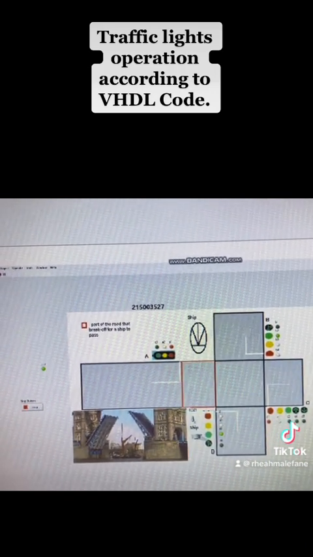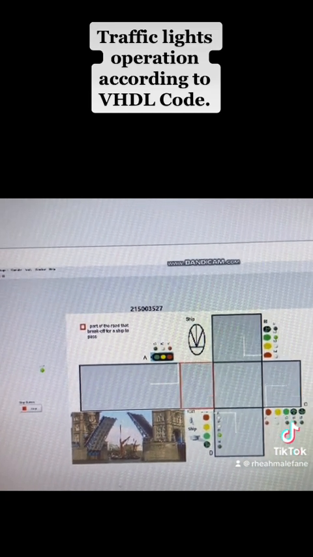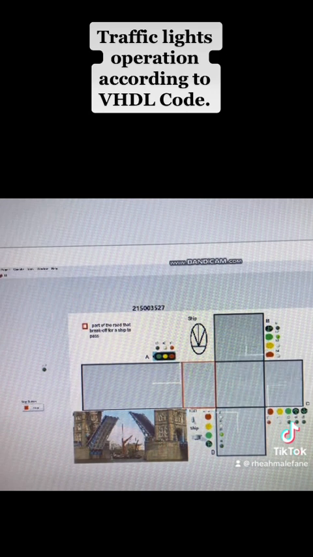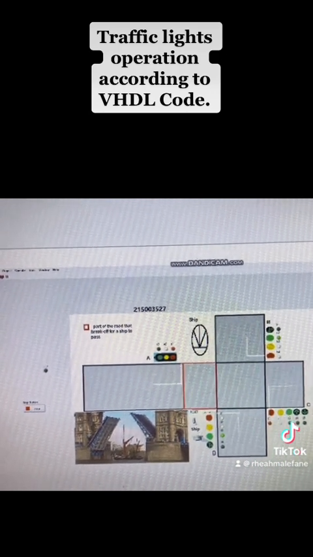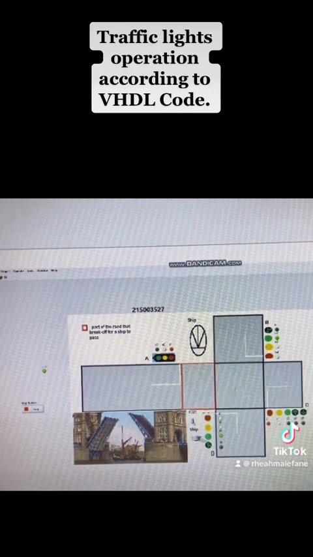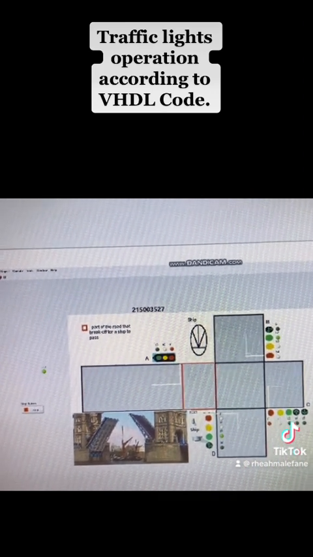Then when B4 and D1 are high, C4 and C5 will be high.